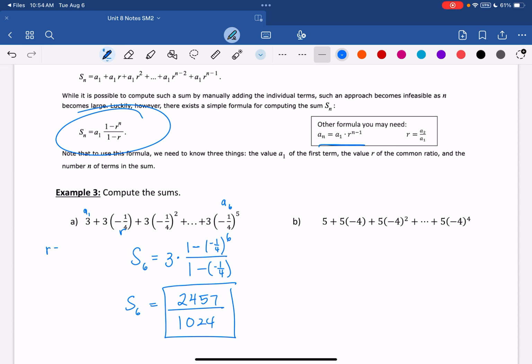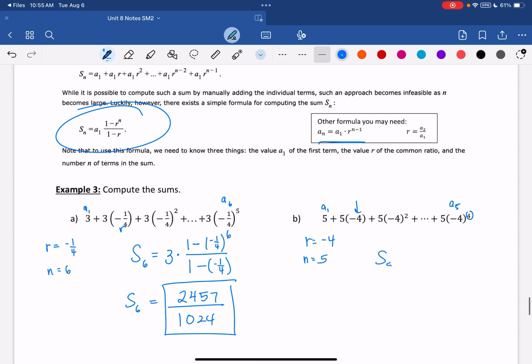Because this would be R is equal to negative 1/4. This would be our n value is 6. Okay, so A1, because that's a 4, that makes this our fifth. Our R is what's in the parentheses, so that's negative 4. Again, our n value was 5.